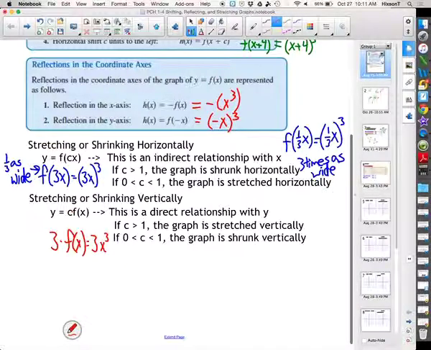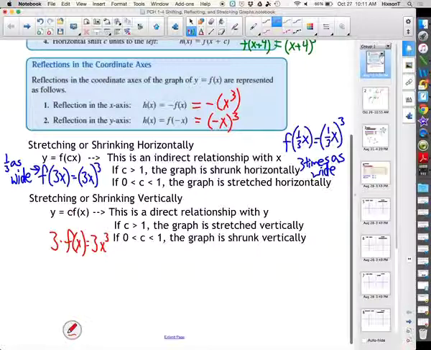See the importance of parentheses here and knowing your order of operations. Only the x is being cubed. So 3 is creating a vertical stretch, and it's going to be 3 times as tall. Or you could think of it in terms of each point. Each point will have its y coordinate multiplied by 3.